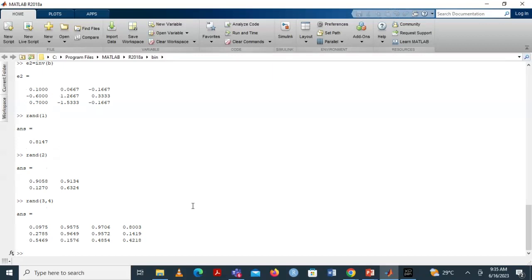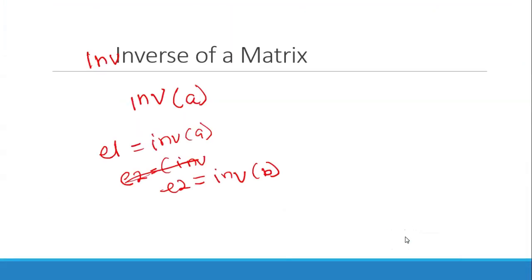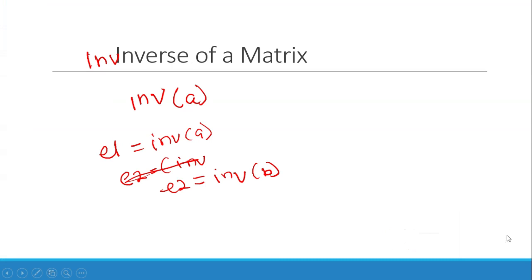So now that we know about the inverse of a matrix, let's find the determinant of the matrix. To find the determinant of a matrix, we use the command det. If I type det and then the matrix, it will calculate the determinant of the matrix.